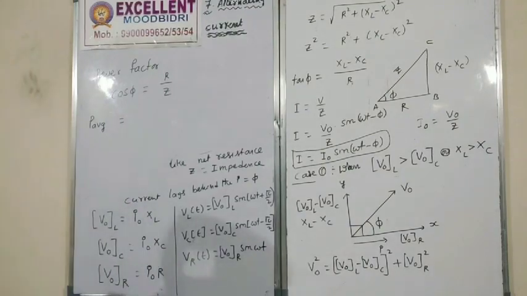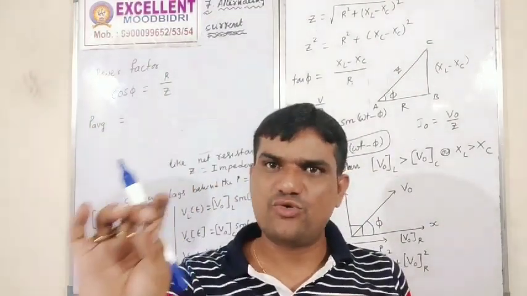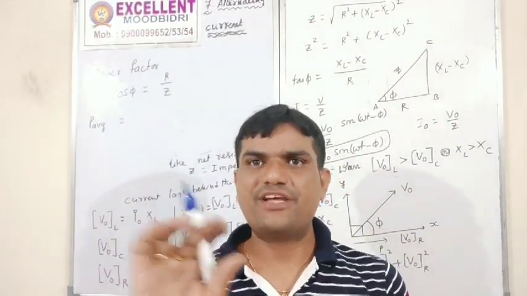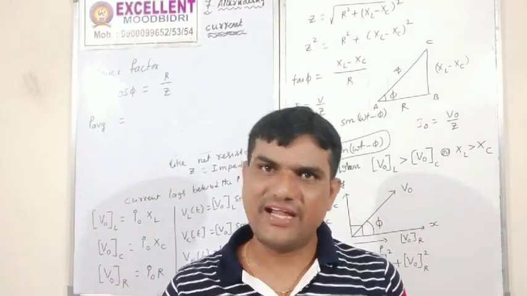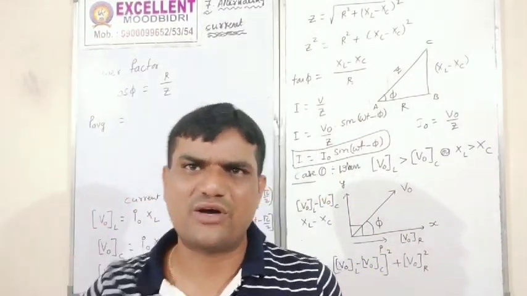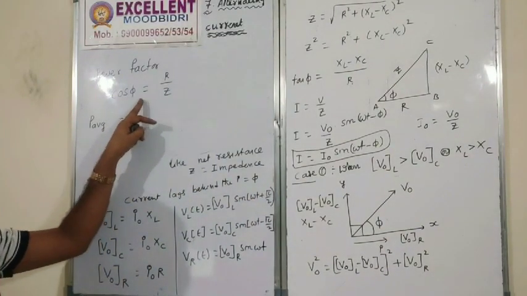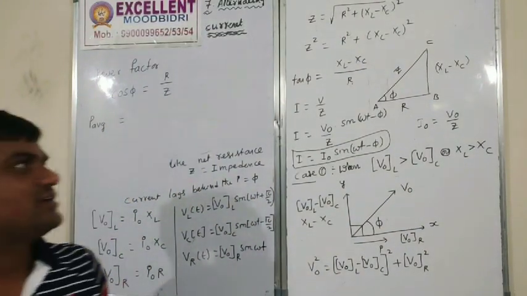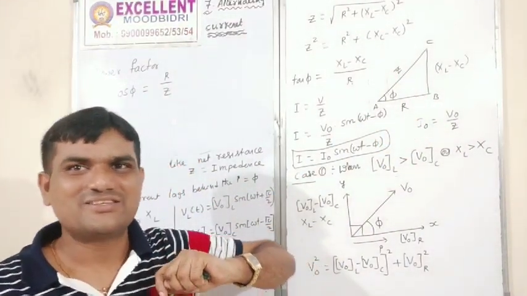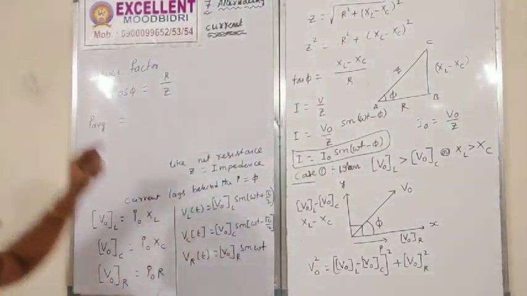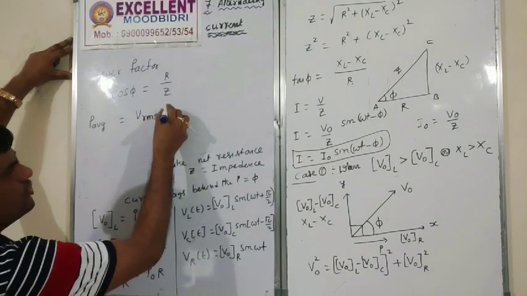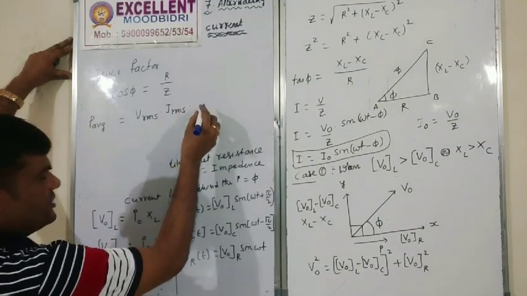Then average power. Previously, for average power, the power factor was 0 or 90 degrees. I wrote that average power is equal to integral P dt by integral dt. But with the help of that formula, we already got the average power formula. Here cos phi is not 0. Cos phi is equal to this value by this value. So we follow the average power formula: V RMS into I RMS into cos phi.